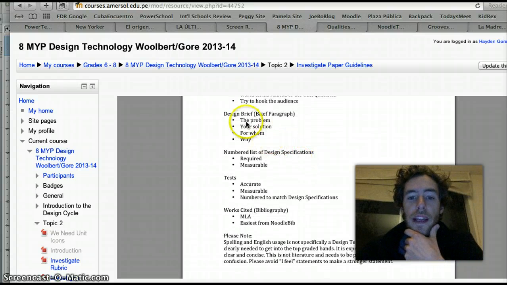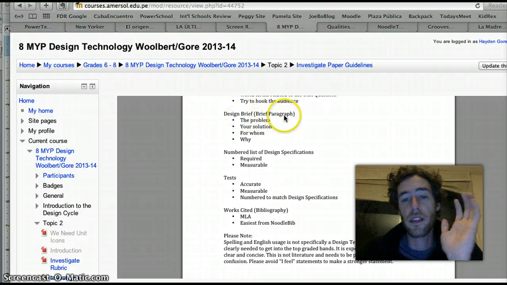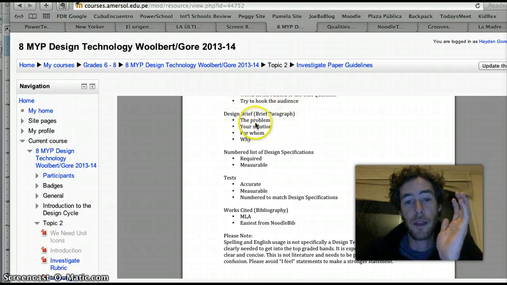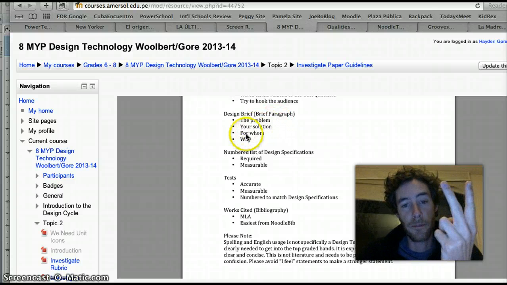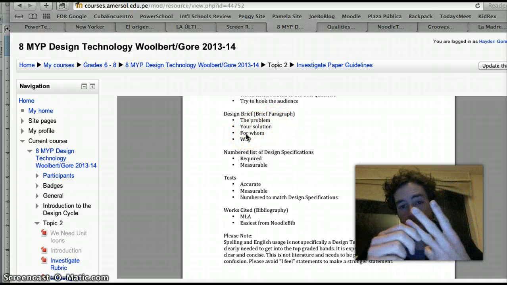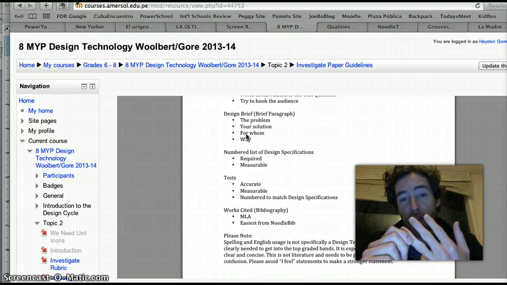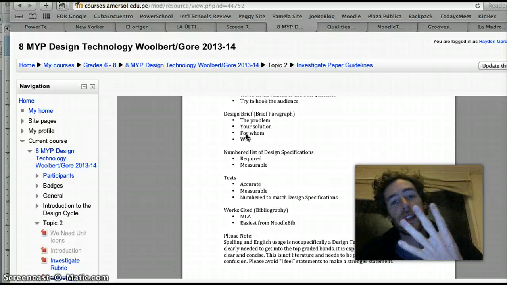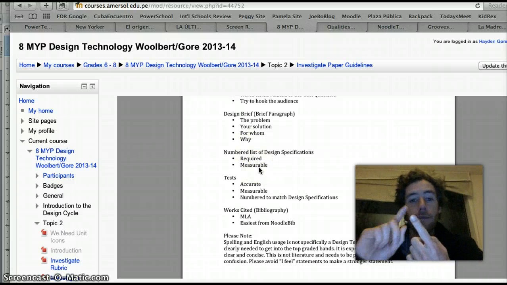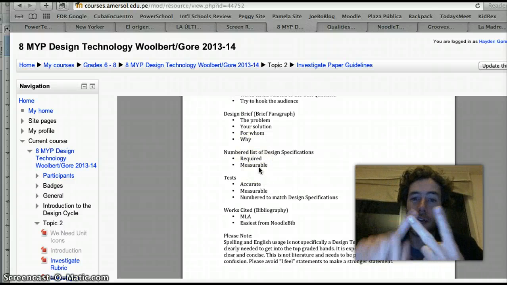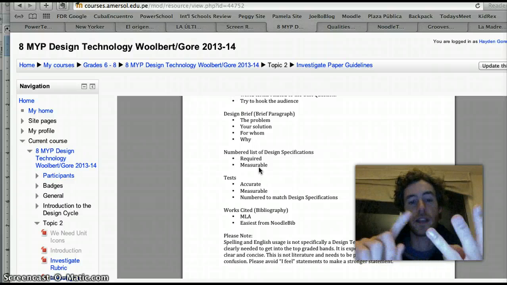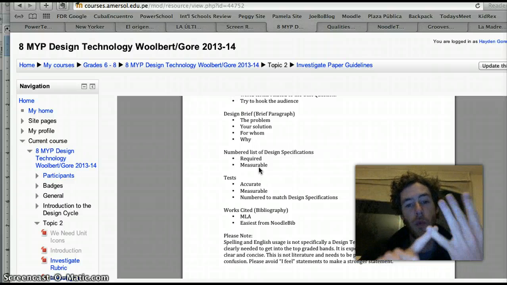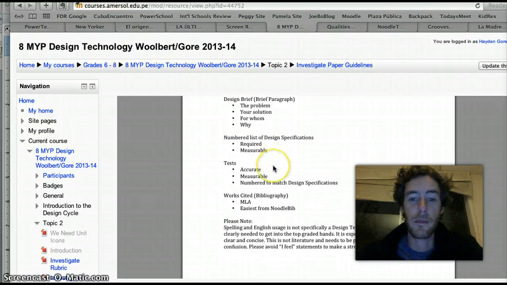After that, you're going to write a design brief, which is no more than a brief paragraph where you state the problem, your solution to the problem, for whom, meaning who's going to benefit from your solution, and why it's important. Those are the 4 things you want to do in a design brief.